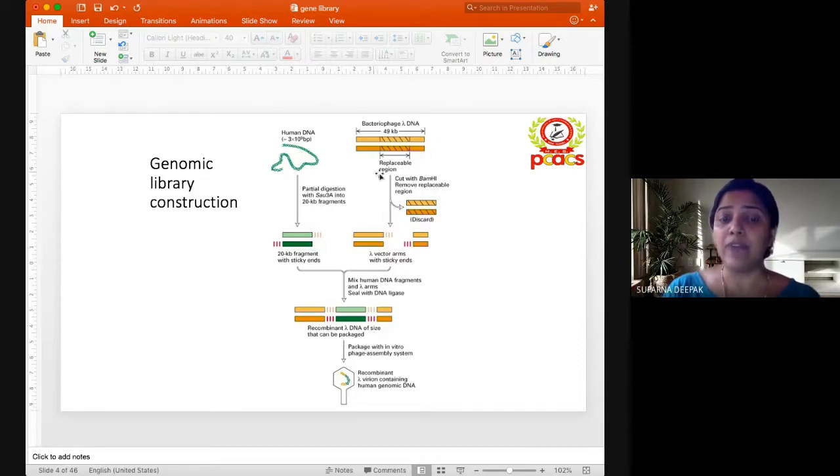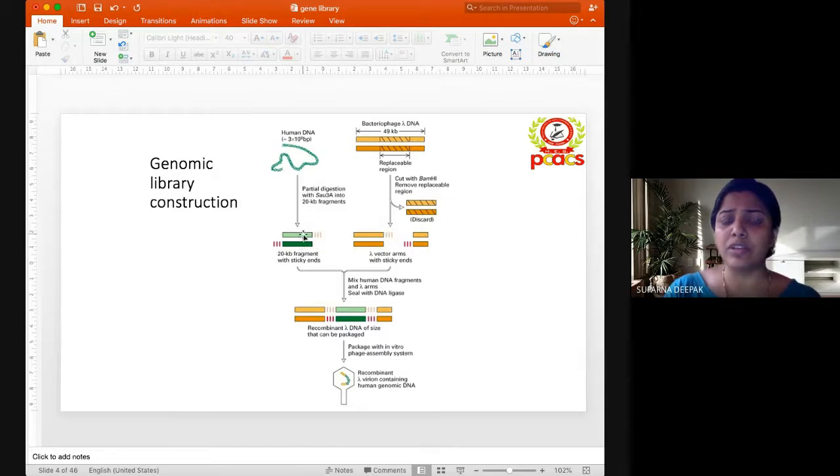Similarly, you have your bacteriophage lambda DNA. You know that in bacteriophage vectors you discard the portions that can be replaced, or are not necessary for the propagation of the viruses, so those portions can be removed and some areas remain.